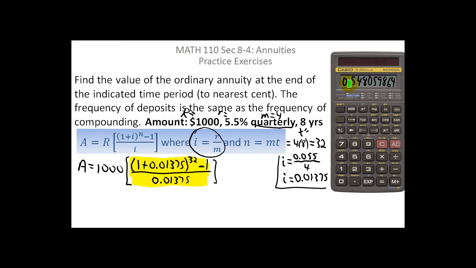So I simply take the displayed value and say divided by 0.01375 equals, which gives me 39.85889921. Now that calculation needs to be multiplied by 1,000, but I've just gotten in a habit of writing down that particular intermediate step.